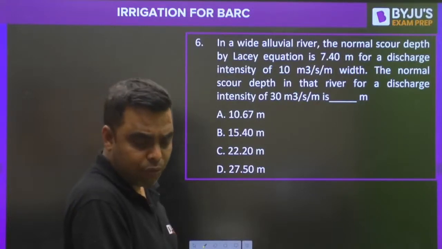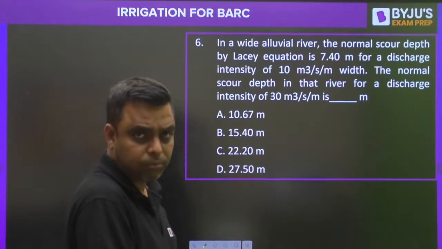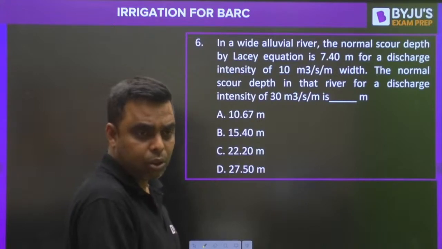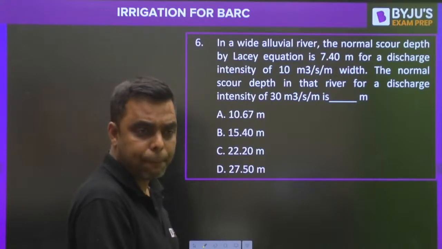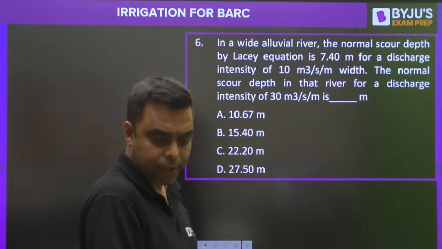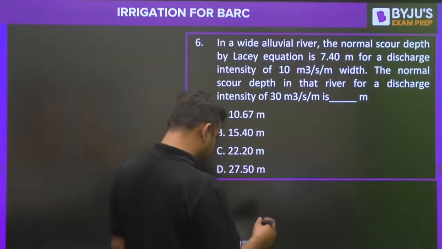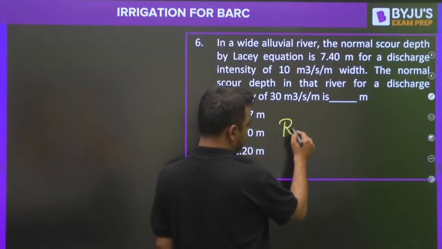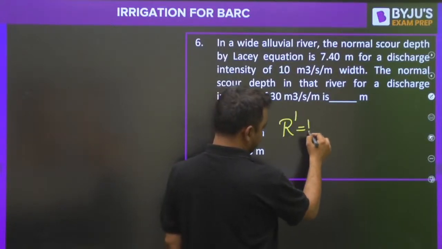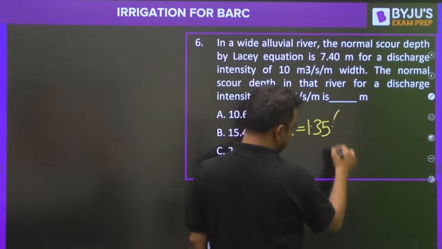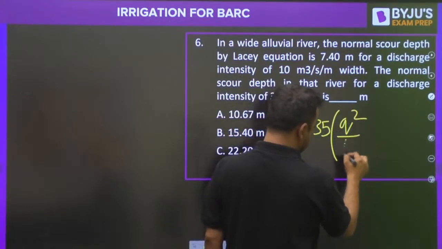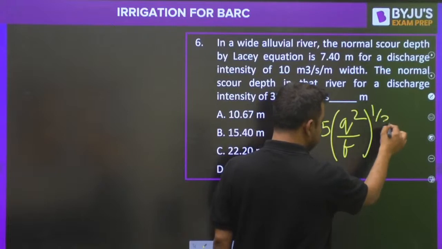First of all, do you know the formula? Everyone, can I tell that over here R dash is 1.35 small q square by f to the power of 1 by 3.